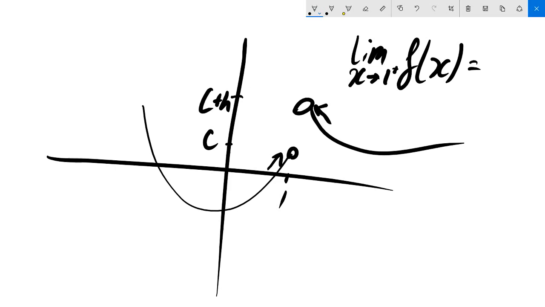So if we take the limit of x as it approaches positively 1 of f of x, we can see that it's at some constant c. And if we did the same for minus, we'd find it's c plus h, whatever that value is.